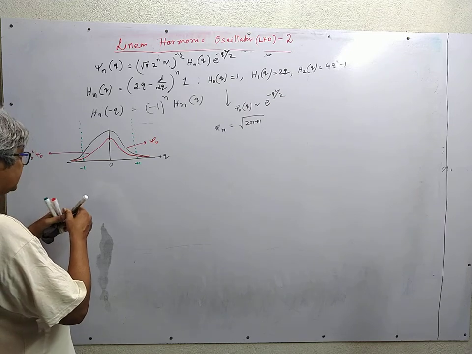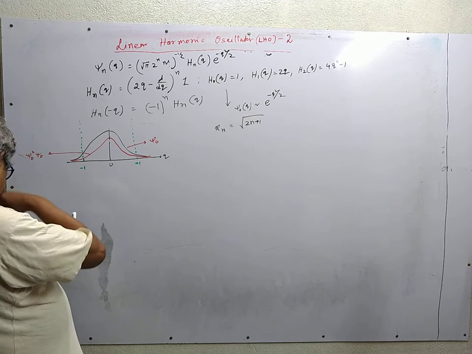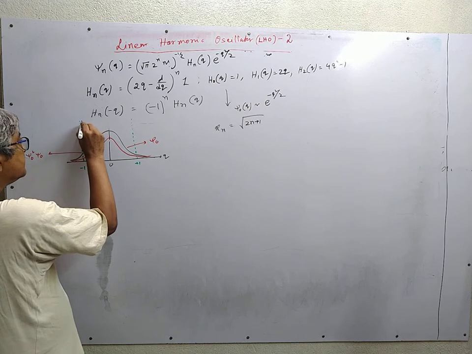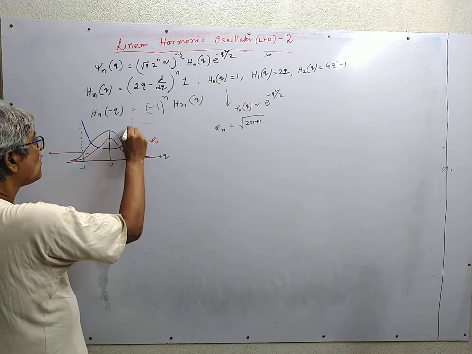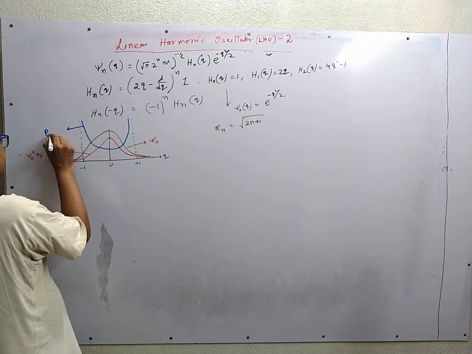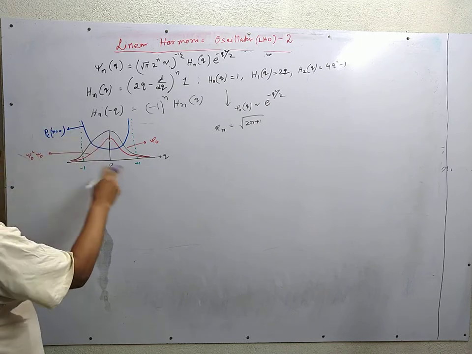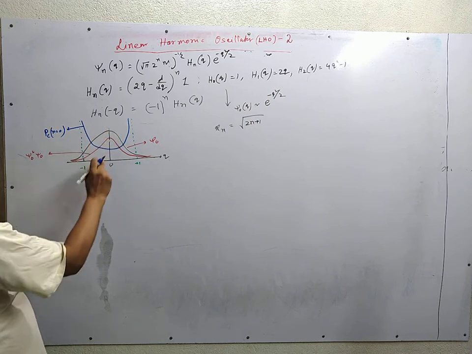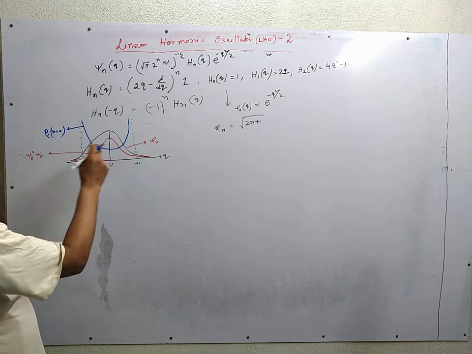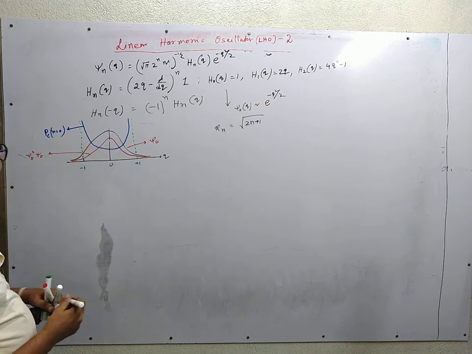And the classical probability distribution goes like this. This is PC for n equal to 0, which goes to infinity at the extremities and passes through a minimum value at x equal to 0. The minimum value is 1 upon pi.